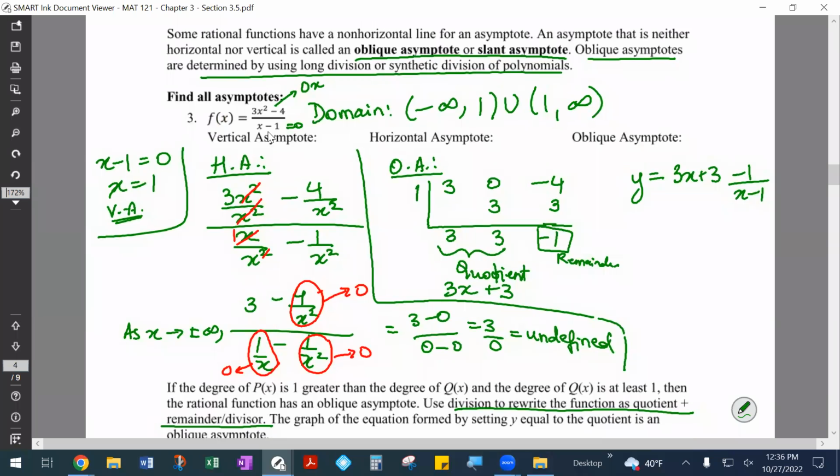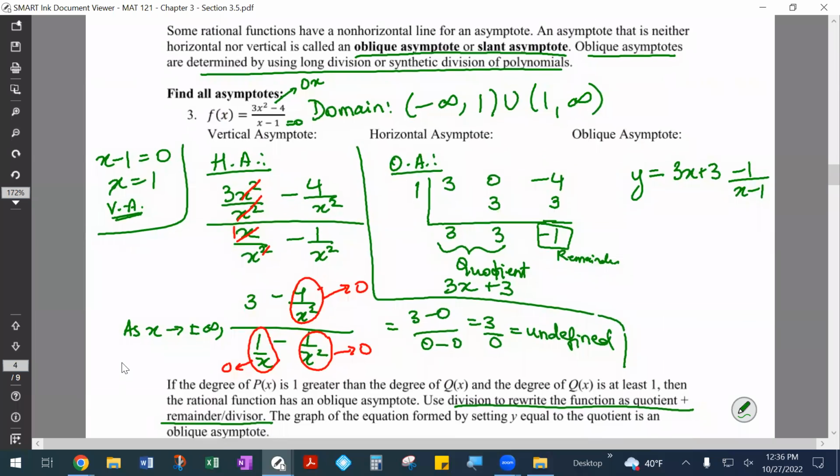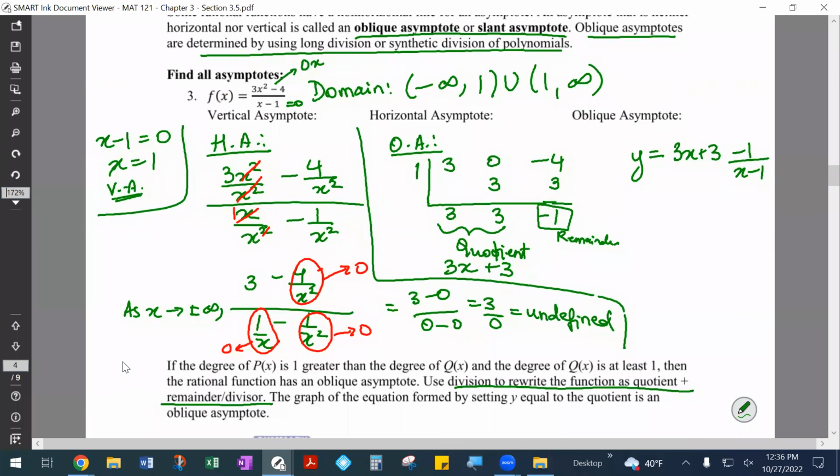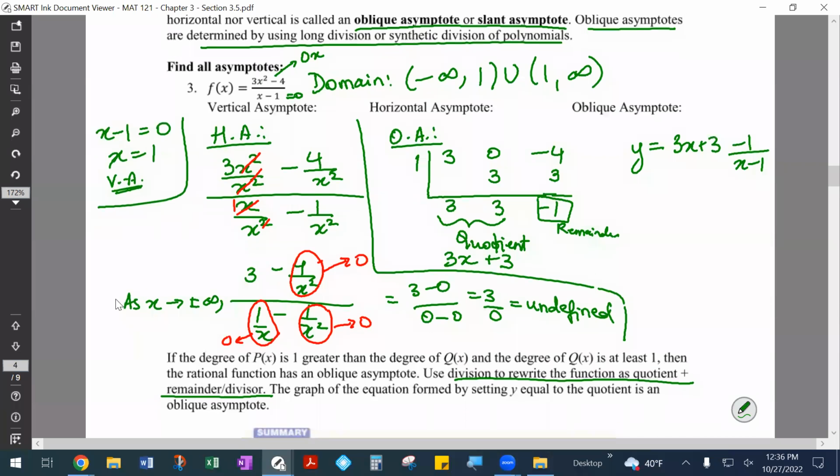So just some terminology to get comfortable with: what your dividend is, what your divisor is, what your quotient is, what your remainder is. So anything that you are dividing by is your divisor. What you are dividing is the dividend, because that's the one that's getting broken apart.